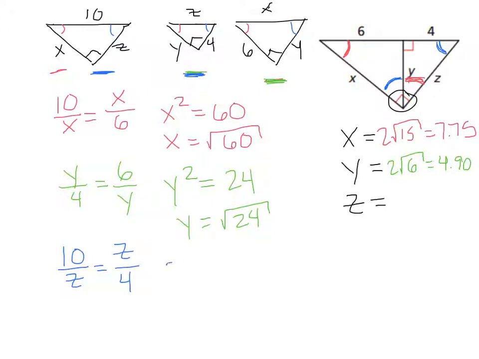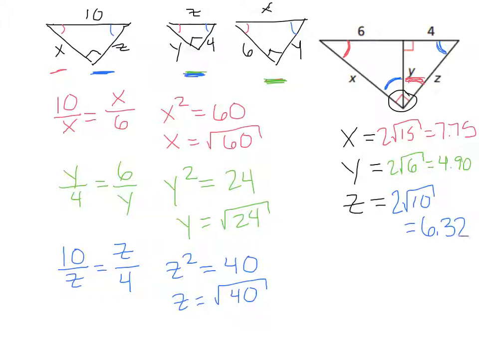When I use my cross products, set them equal to each other, I get z times z, which is z squared, and 10 times 4, which is 40. Take the square root, and you're going to get z equals the square root of 40. Again, we can simplify this a little bit by taking out the 4. We can say that z is 2 times the square root of 10, or the decimal approximation of 6.32.